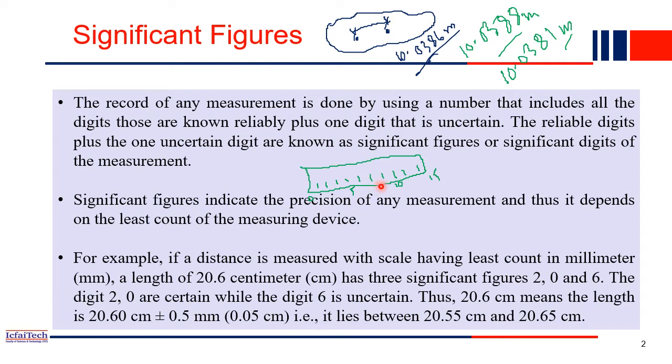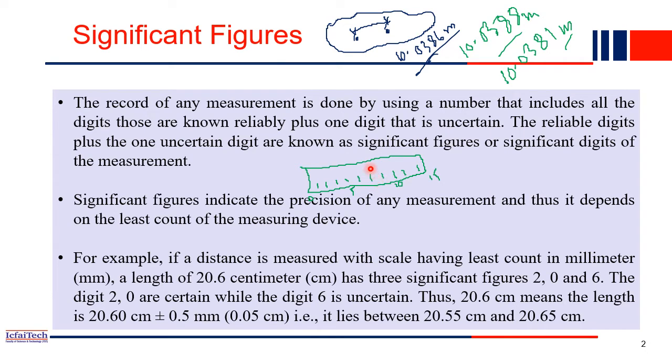As I mentioned, if you get the distance at this point, in the middle of these two bars, then you have to choose either this one or this one, right? So the error will be plus minus up to this range, 0.5 mm or 0.05 centimeter. So the entire distance is how much? Entire distance is 1 centimeter.